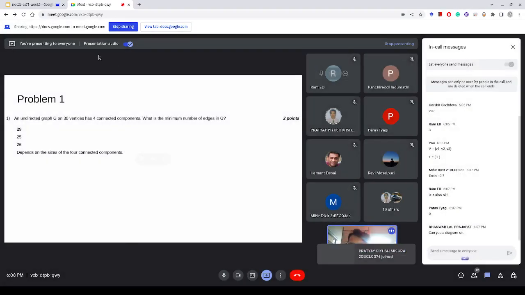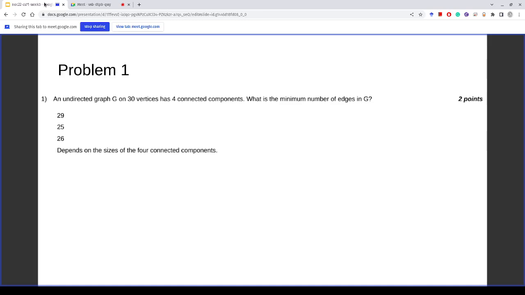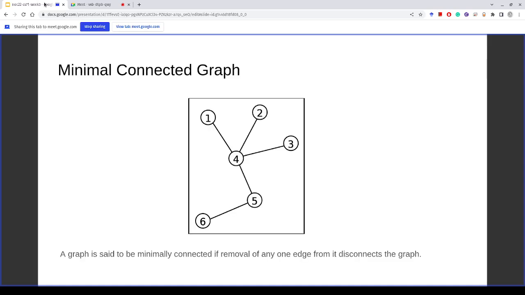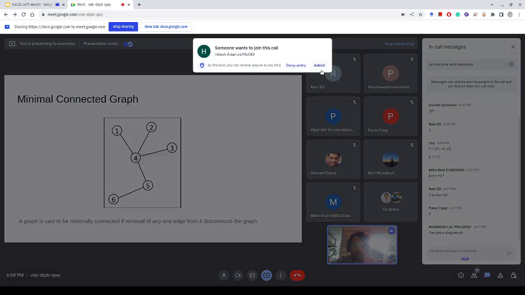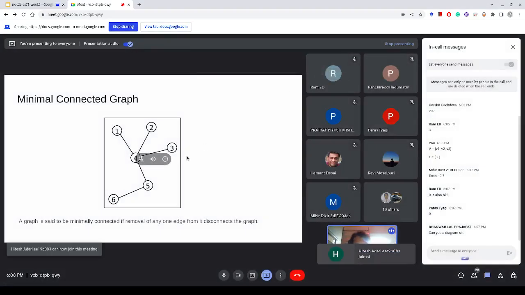Apart from that, we are going to move to the next graph, which is called a minimal connected graph. So here you see a graph is shown, and this is a minimal connected graph. What is the definition of a minimal connected graph? A graph is said to be minimally connected if removal of any one edge from it disconnects the graph.